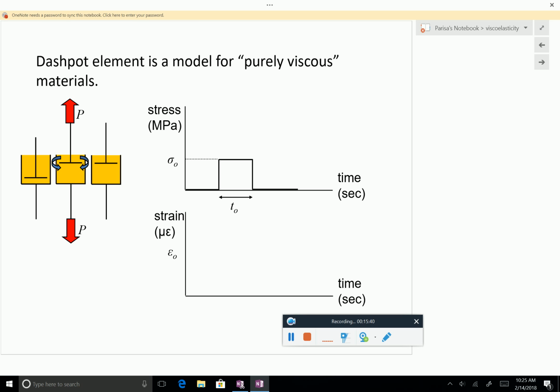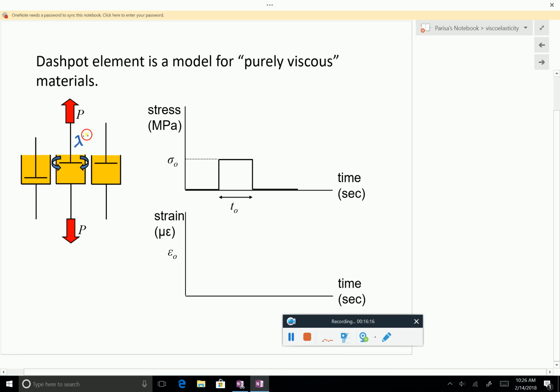So let's write this down. Again, this you have seen before. So, sigma, the material model, we have to put lambda here.